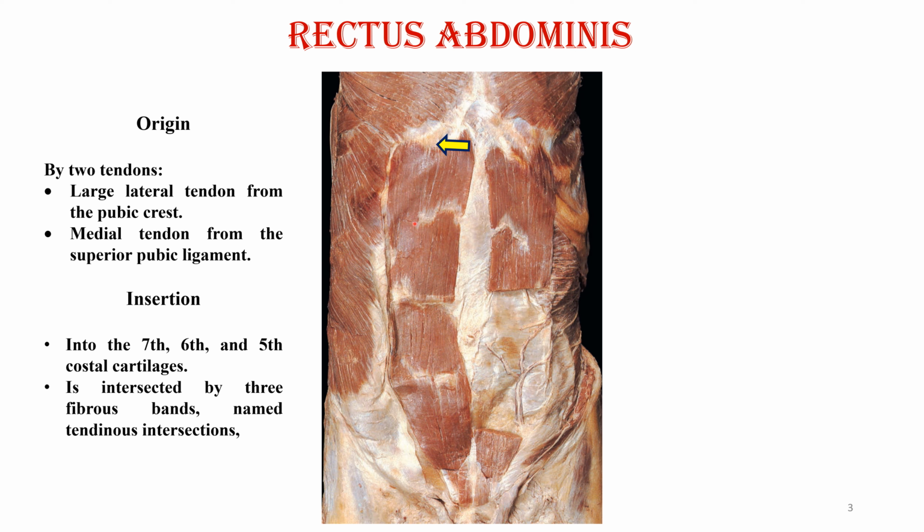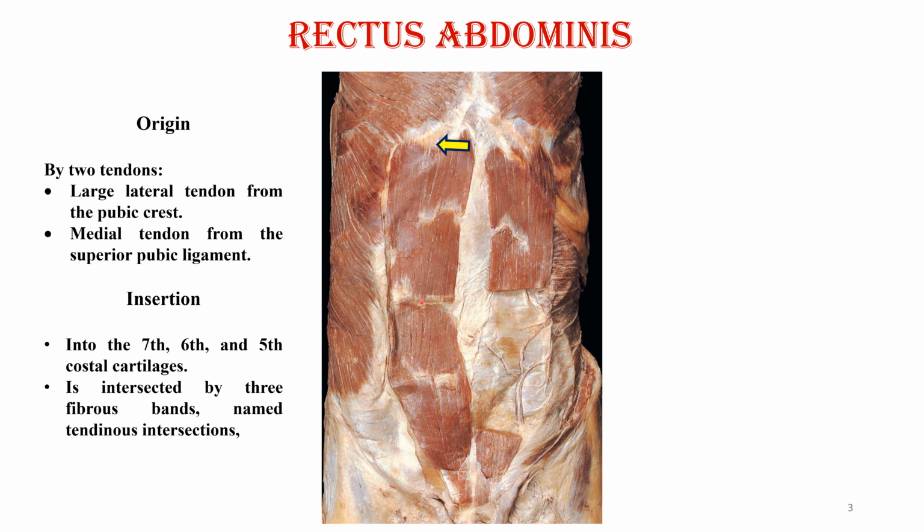It is intersected by 3, or sometimes more, fibrous bands between the parts of that muscle, and these bands refer to the development of such a muscle from more than one somite.